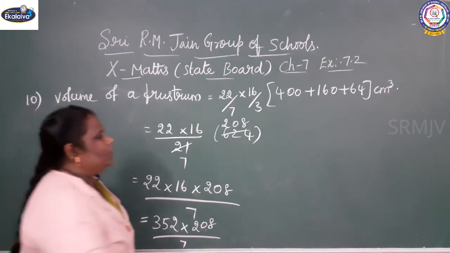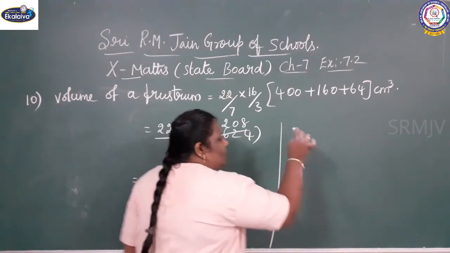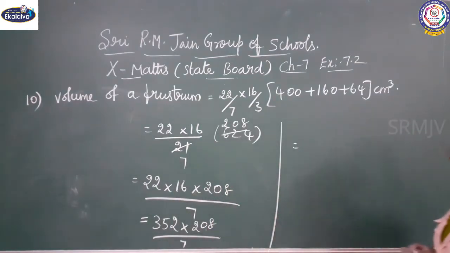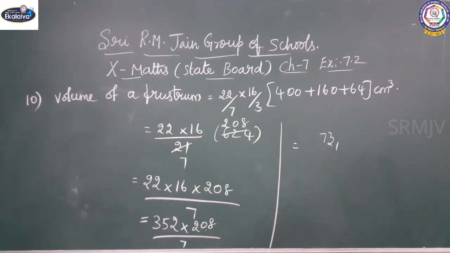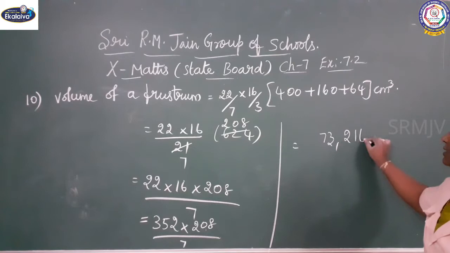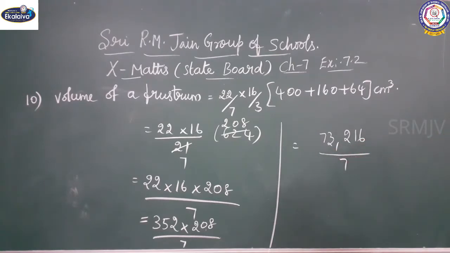When we multiply, what is the value we are getting? It gives 352 into 208 equal to 73,216 by 7. You can do all the calculation in the rough work column and check the values.